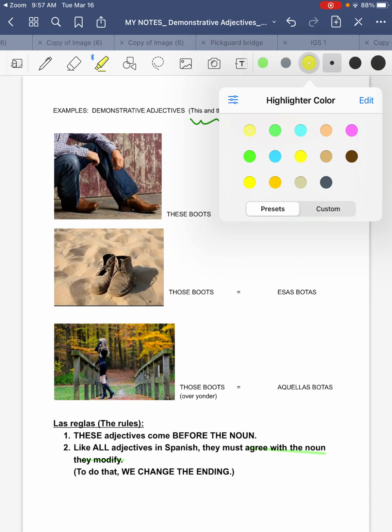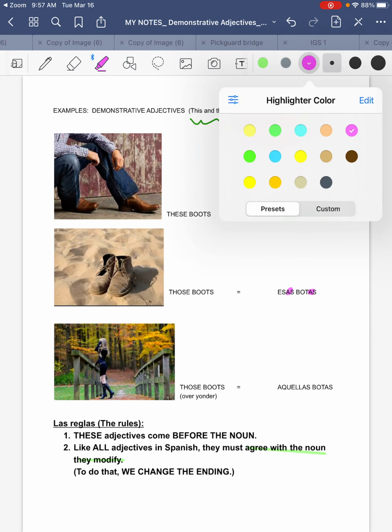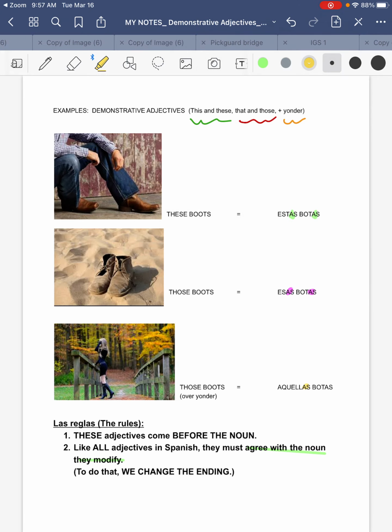Those boots. Esas botas. Again, that's feminine and plural. It's possible I'm talking about yonder boots. Those boots way over there. Aquellas botas. All right, so in every single case, these adjectives are agreeing in number and gender with the noun that they're modifying. And that's going to be the case every single time.